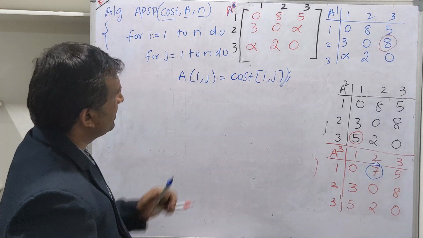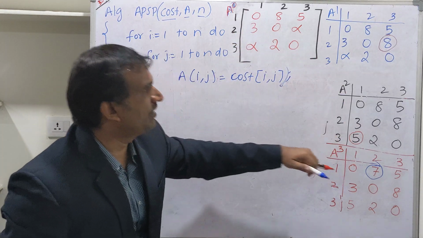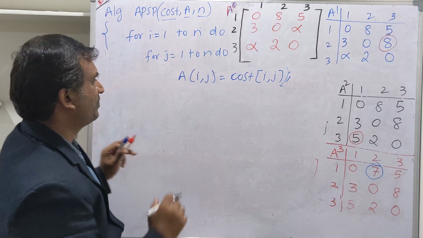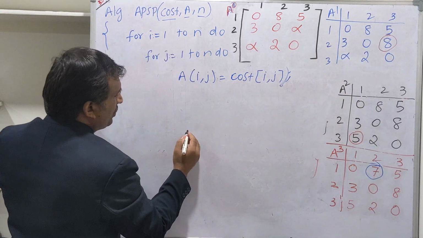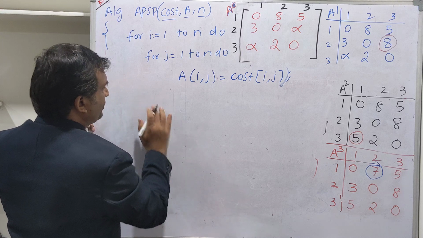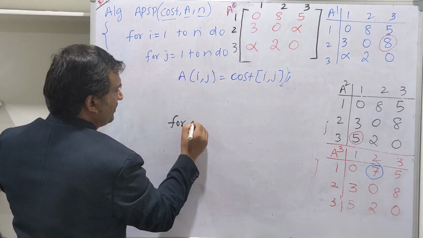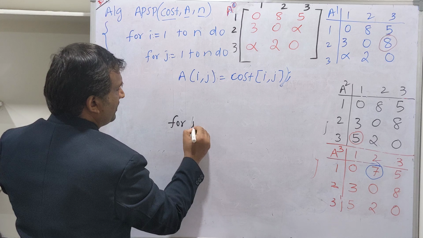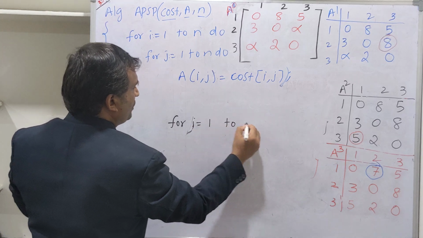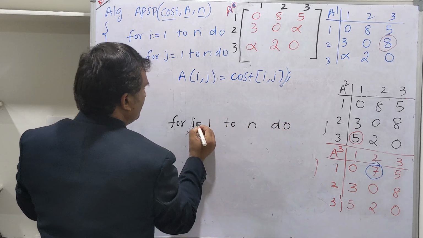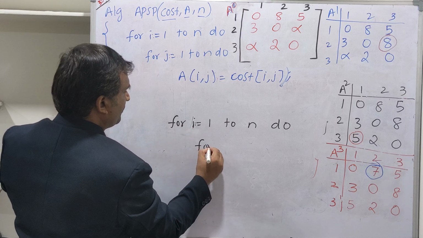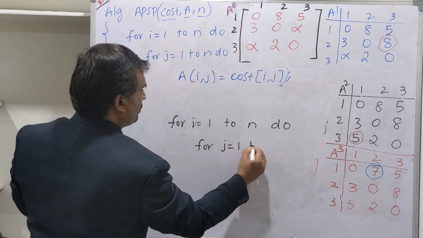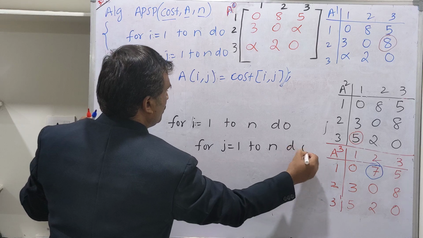Now let us solve the problem using an algorithm. So what we do? Very simple. We have to go through the entire matrix. In order to go through the entire matrix, what do you need to do? For i is equal to 1 to n do, for j is equal to 1 to n do.